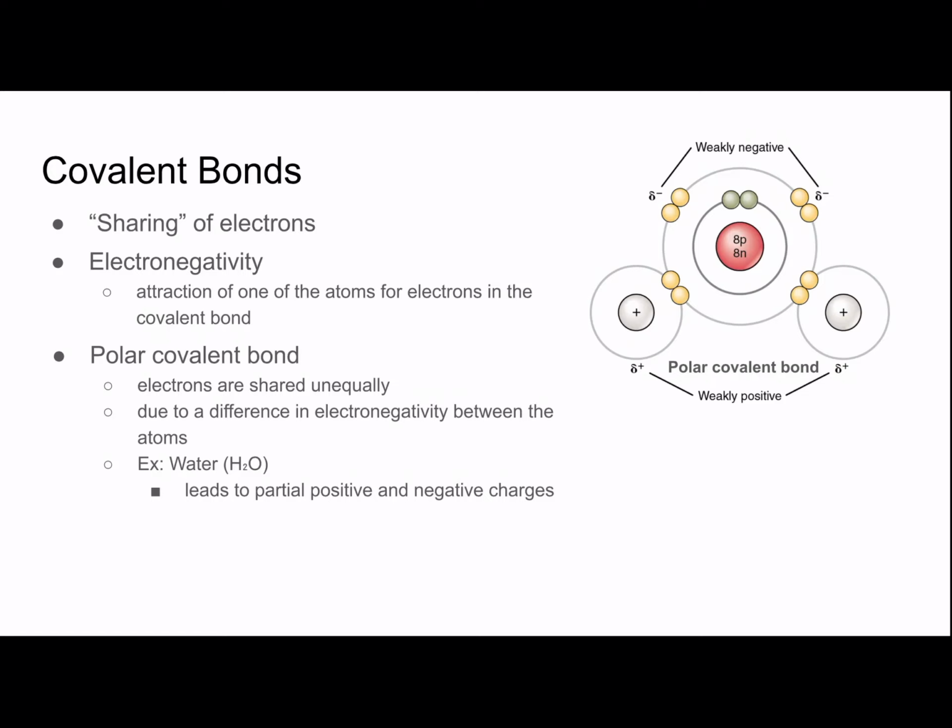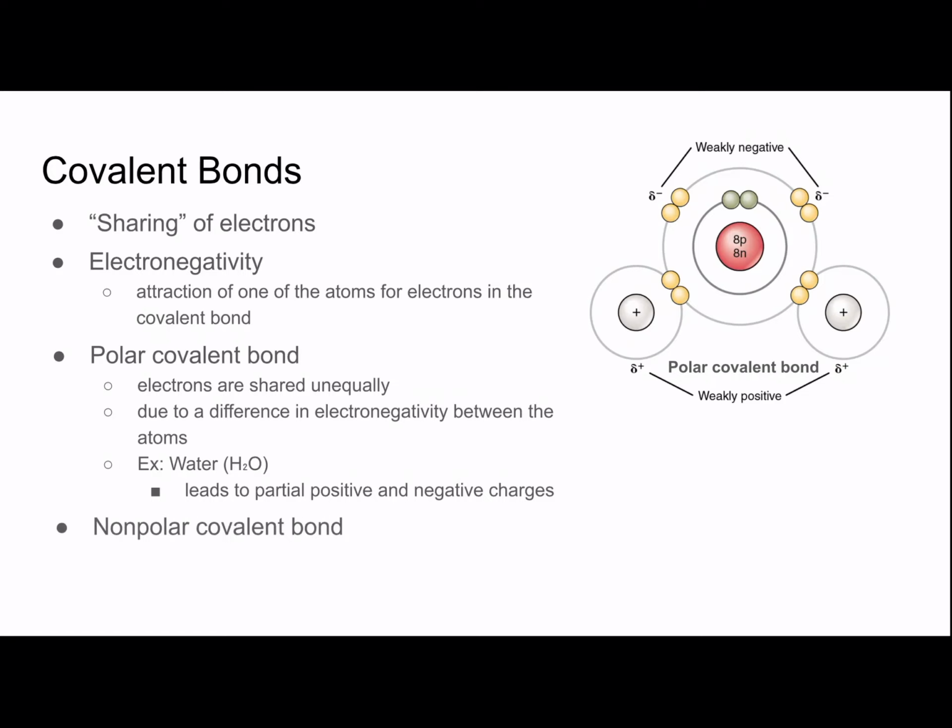And that's because oxygen is much more electronegative than hydrogen, so the electrons will orbit around oxygen more, giving it a weak negative charge. And again, this is a polar molecule, which means that the electrons are not shared equally, and this will be really important as we move on.